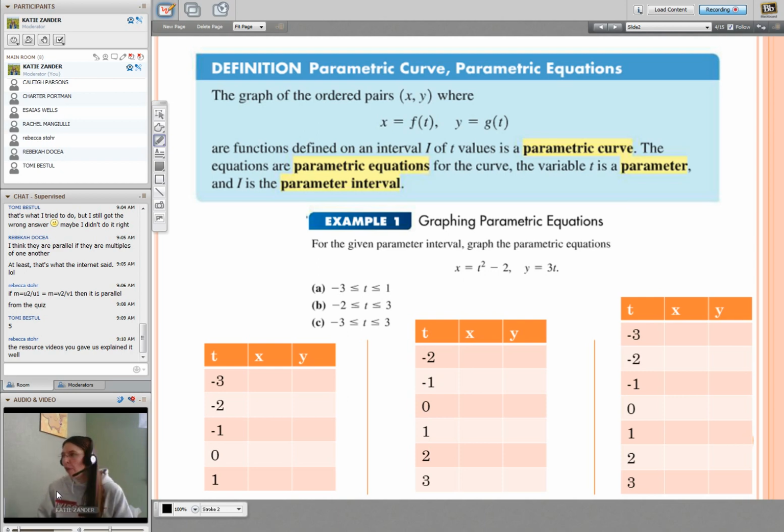Real quick before we begin, I want to show you how you can switch to parametric mode. I don't believe it matters if you're in degree or radians there, but when you go to mode, you want to scroll down to the fourth option where it says function, and scroll over to PAR.